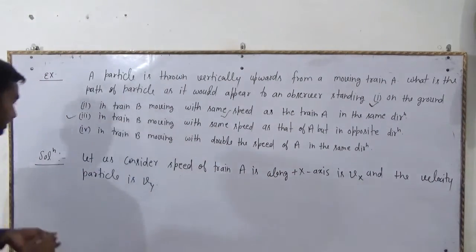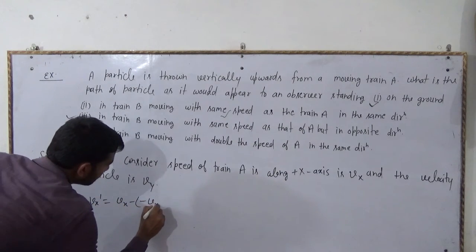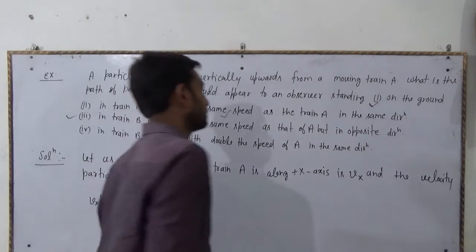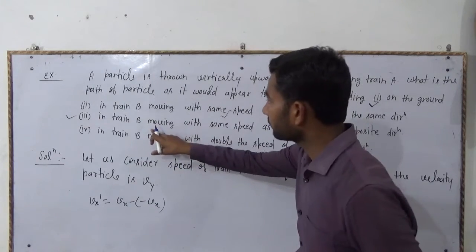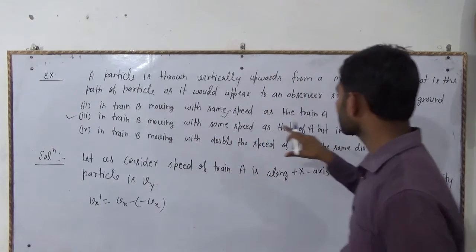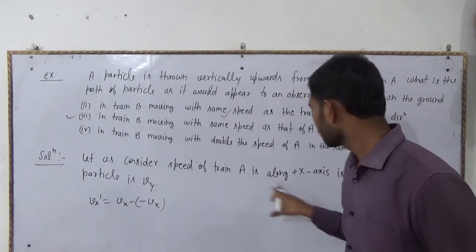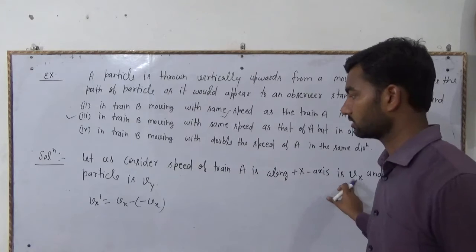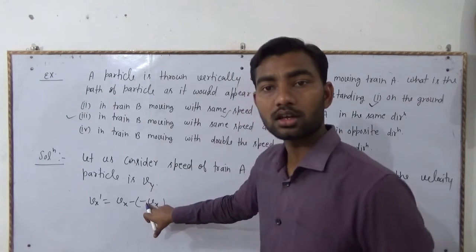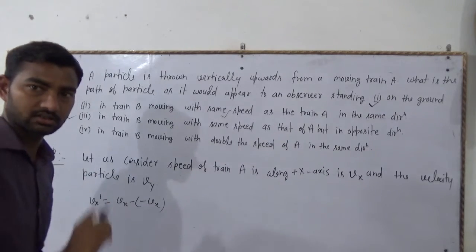So Vx dash is equal to Vx minus Vx, where Vx is the velocity of train B, which is moving with the same velocity as A but in the opposite direction, so we take the velocity with a negative sign, minus Vx.